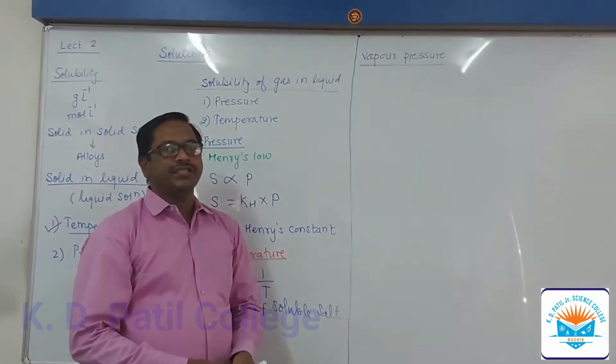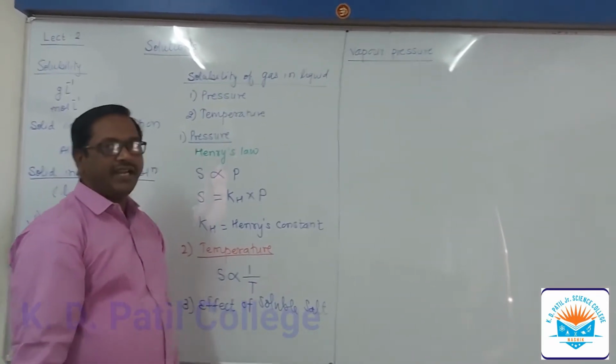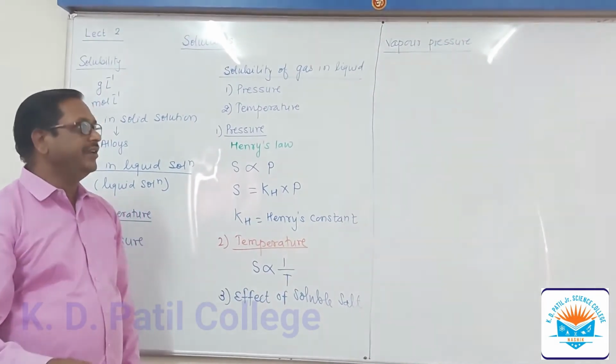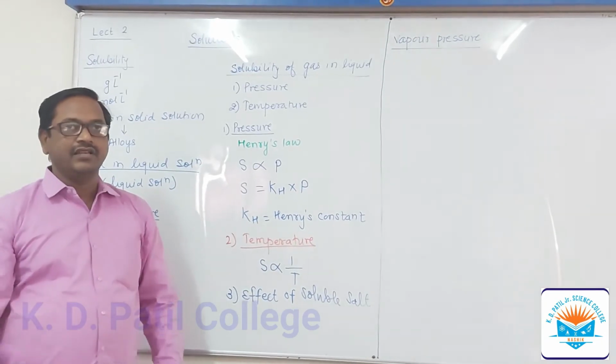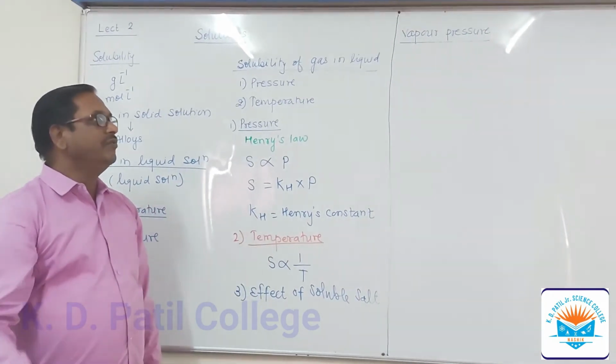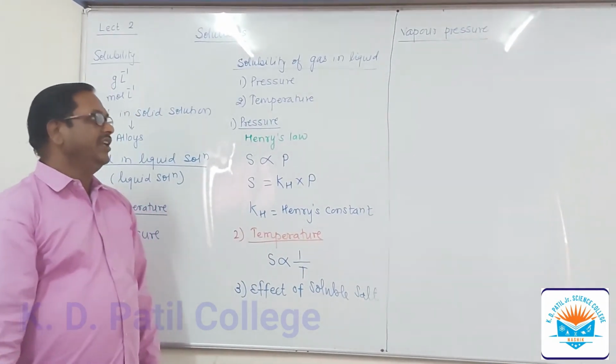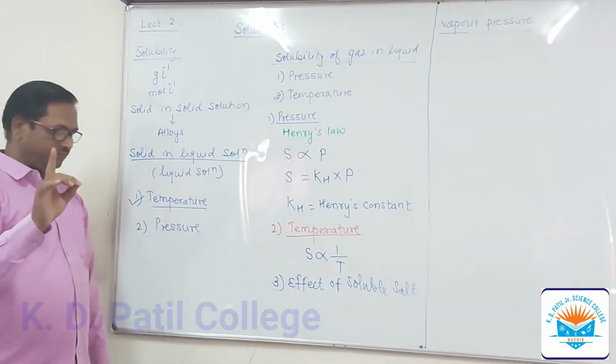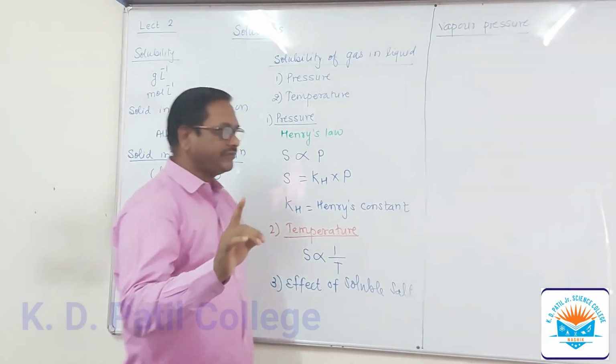The pressure exerted by the vapors of a liquid on its surface which are in equilibrium with the liquid state is known as the vapor pressure. See again, what is vapor pressure?